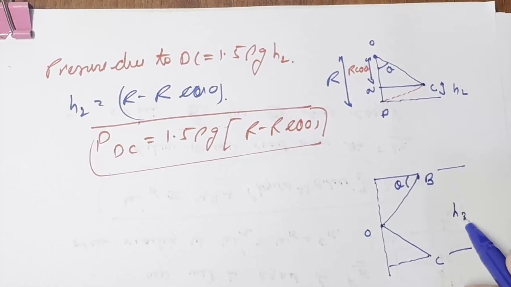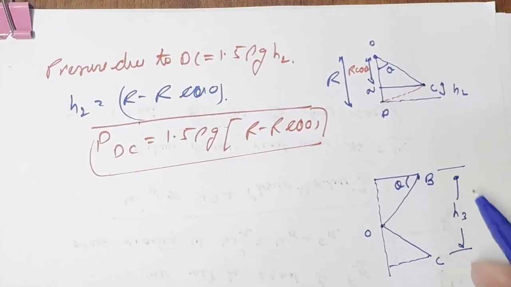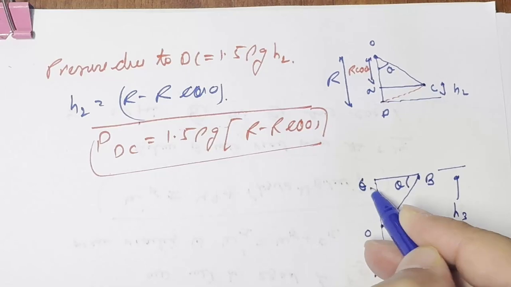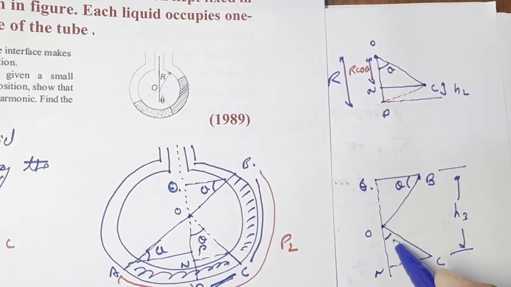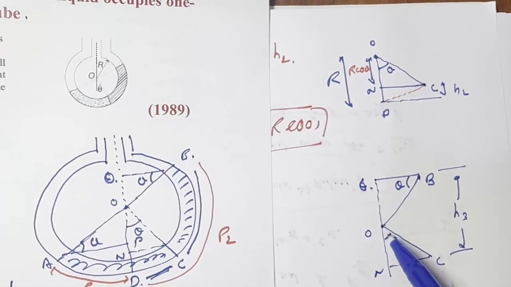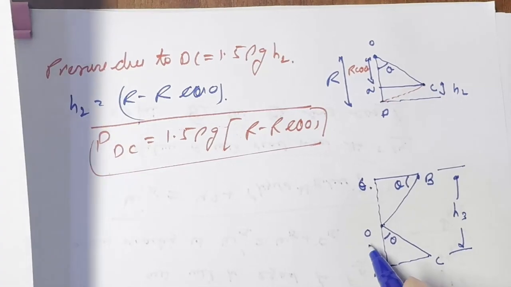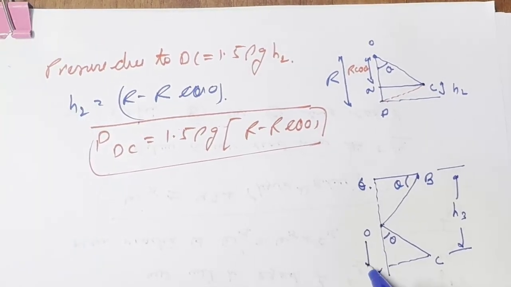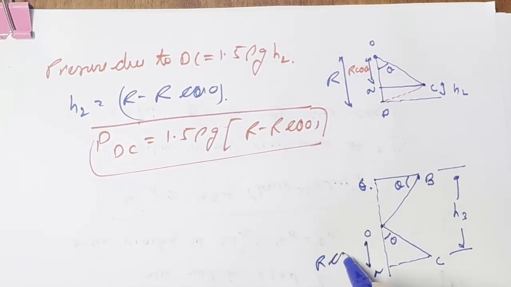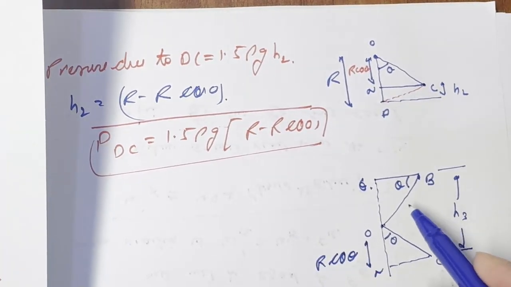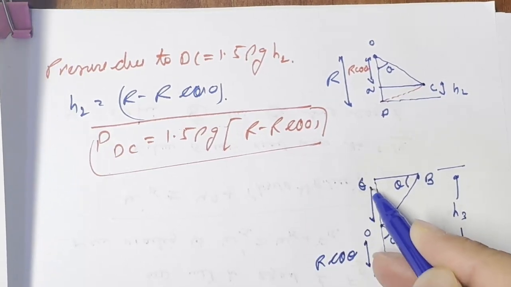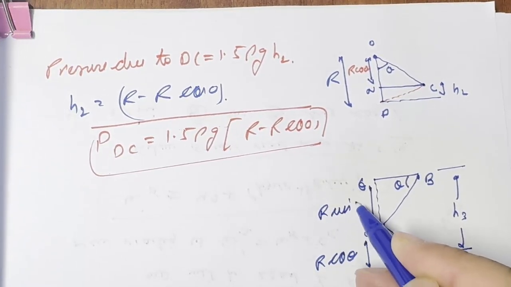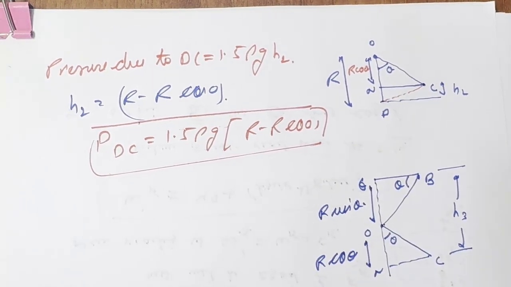Let us suppose this is H3. Now for H3, we consider this point as N and this point as Q. We know this angle is theta. We just found out that NO is R cos of theta, and OQ will be equal to R sine of theta.